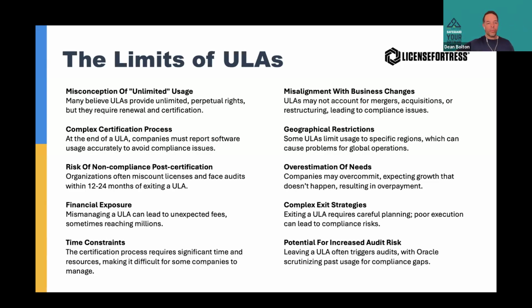Additionally, once you agree to that ULA, your support is fixed as well. So at the end of that process, if you're using 10 licenses or 10,000 licenses, your support cost has already been set, and it's the same each year with the 4 to 8% uplift that goes on top of it. So it can definitely be an easy benefit at the outset that has a long-term cost and impact.